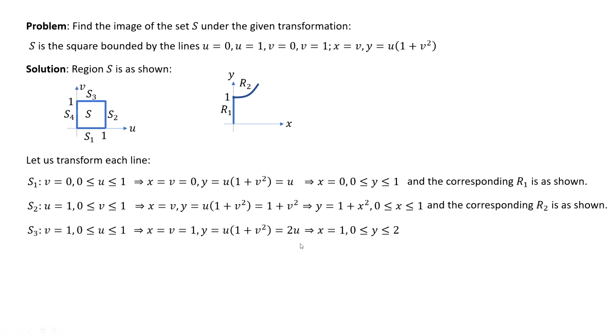Right? So x equals 1, that's fixed. And y is 2u, we said. So maybe I should have had y equals 2x here.